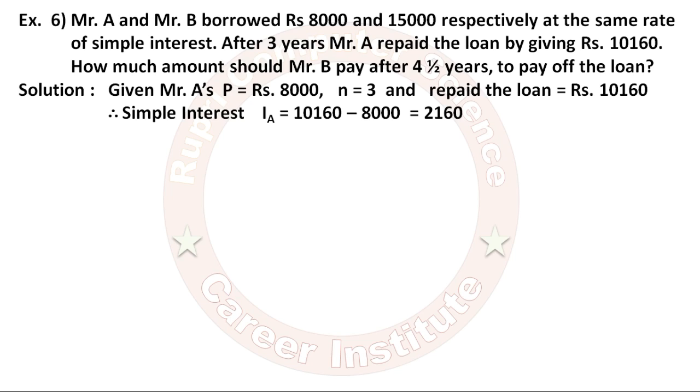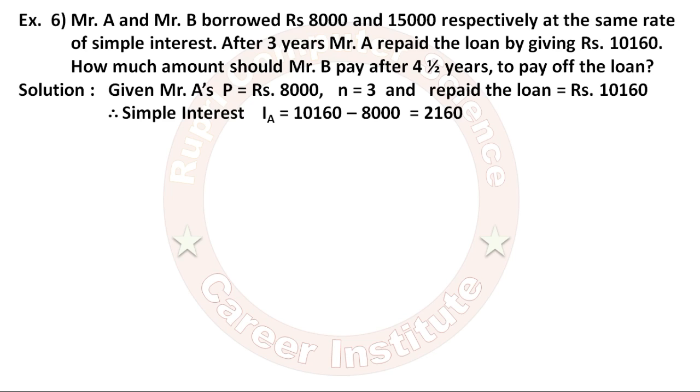Now, on the left side, we put the simple interest formula, that is, 8,000 into 3 into R divided by 100. Then we can find the rate of simple interest, that is R. Therefore, on the left side we put the formula with your values.